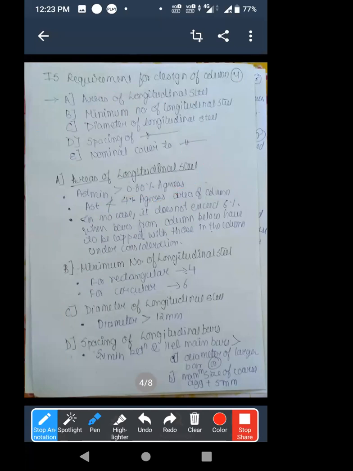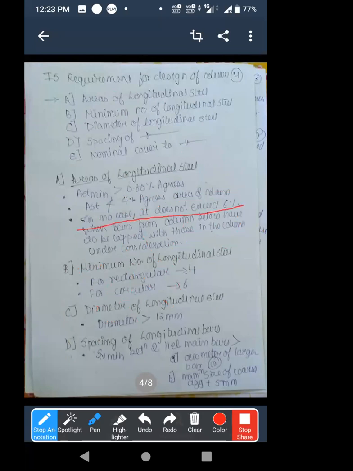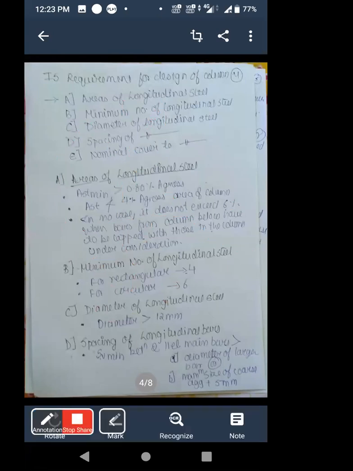Now, the Ast should not be greater than 4% of the gross area of your column. In no case should it exceed 6%.